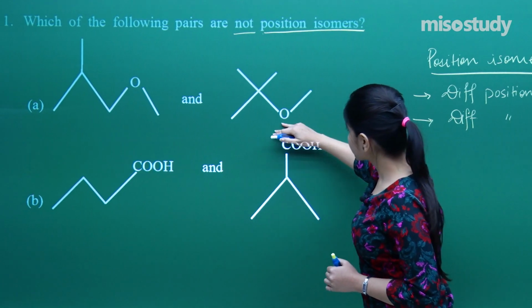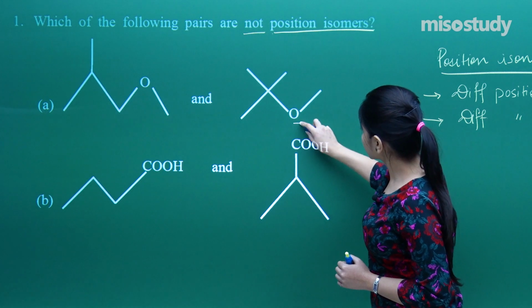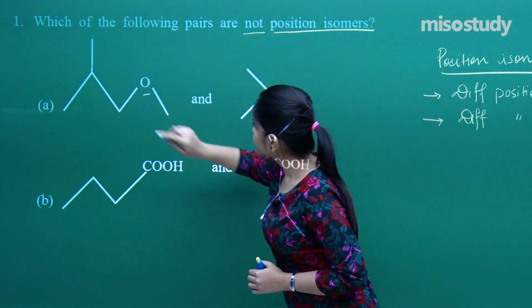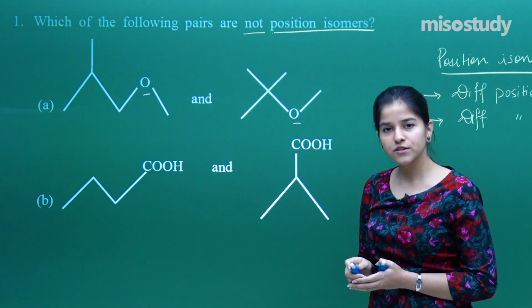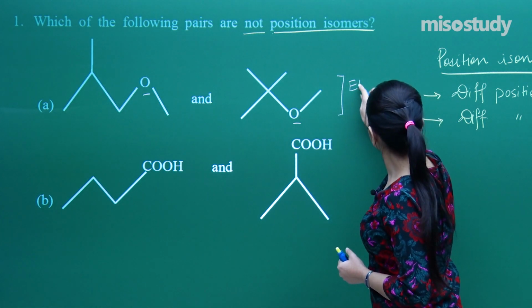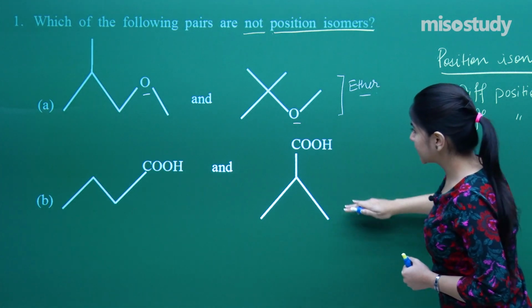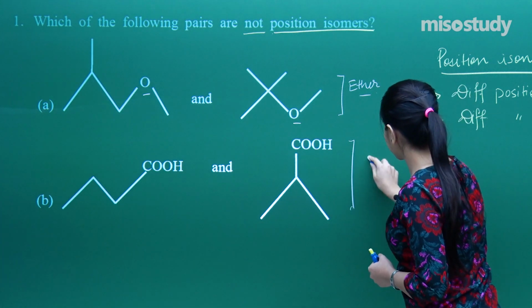These two molecules. If you look over here, what is this O group? This is the functional group, that is ether. And over here I have got carboxylic.